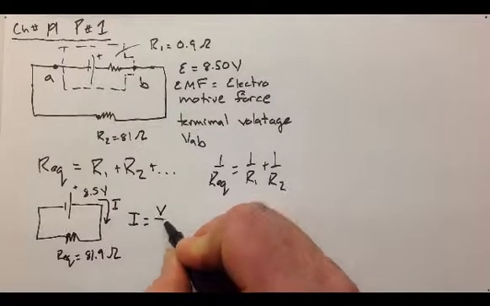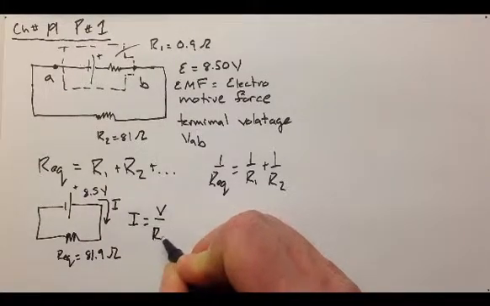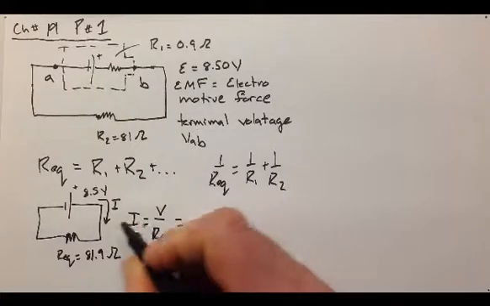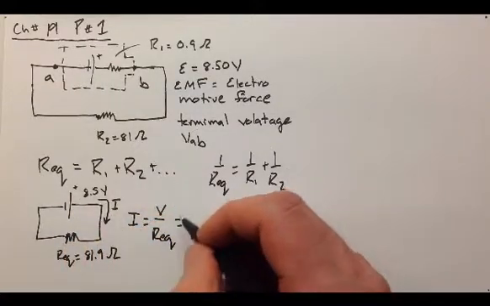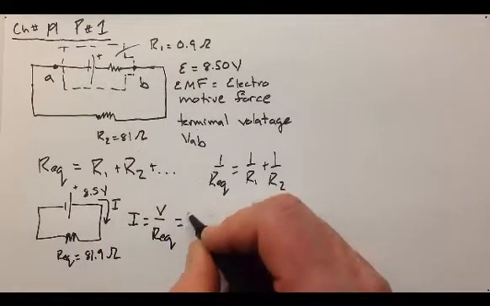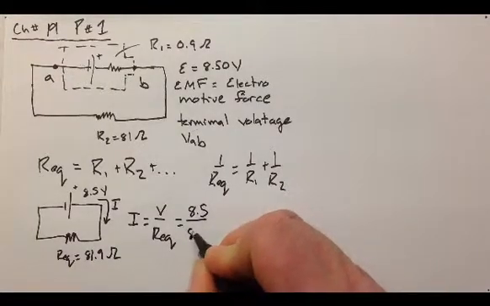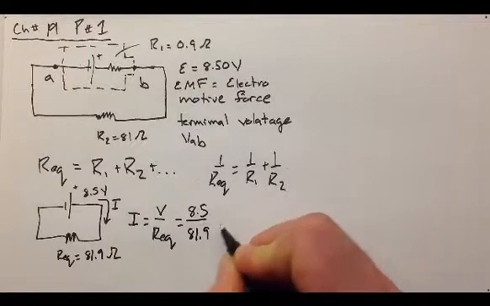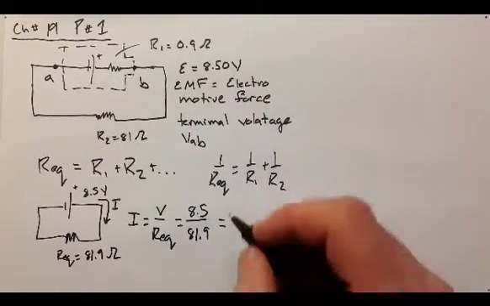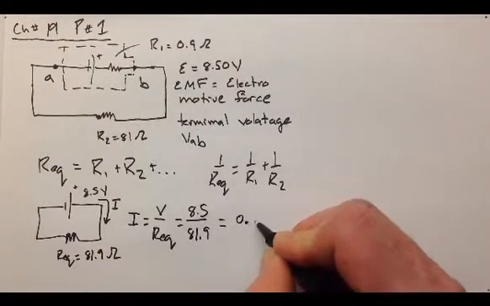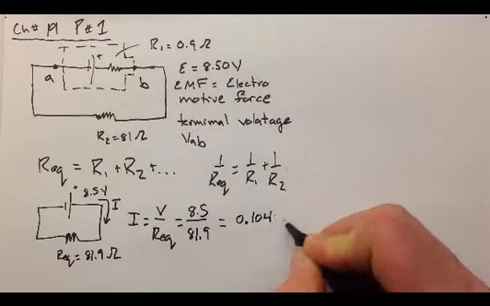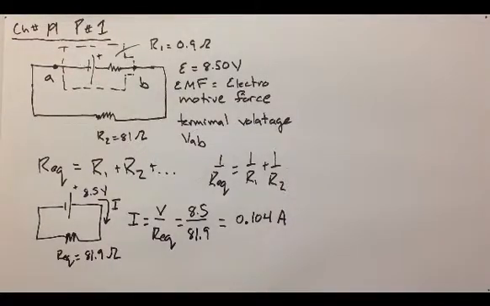That would be the perfect voltage, 8.5, divided by the equivalent resistance. If I divide that out, I would get a current of 0.104 amps. So 0.104 coulombs per second of charge is coming out of that battery.